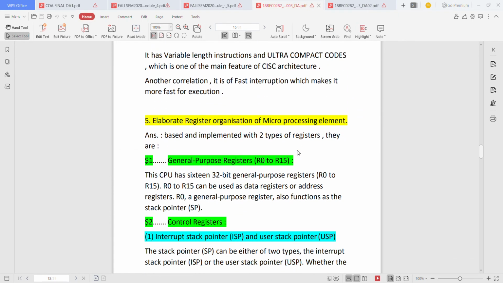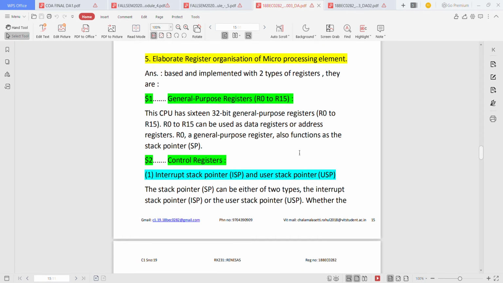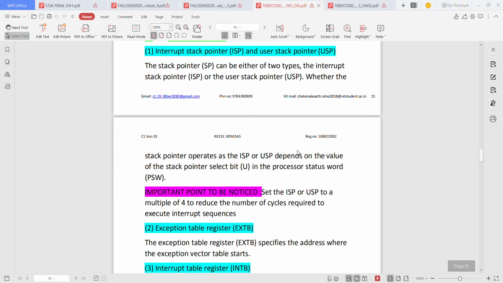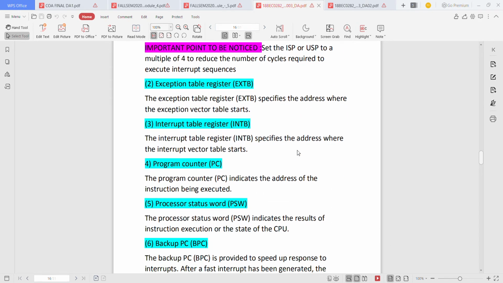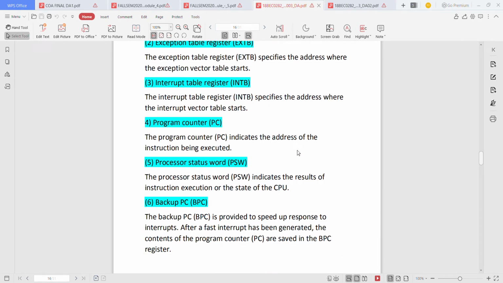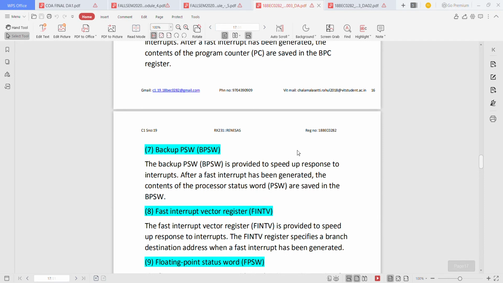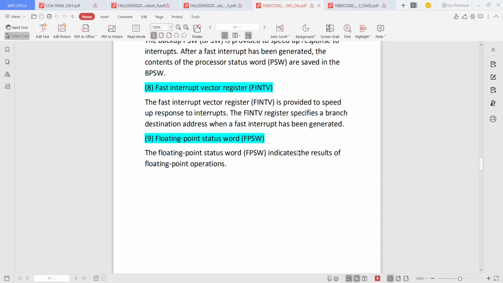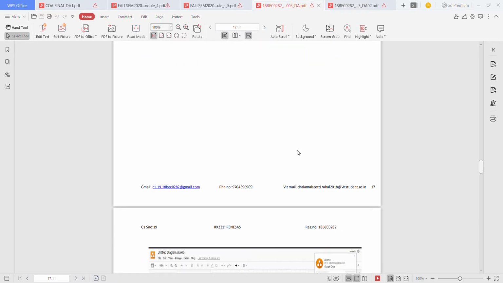Next we are going to discuss the elaborate register organization of the microprocessing element. There are 2 types: general purpose registers and control registers. Important ones to note are the exception table register, interrupt table register, program counter, processor status word, backup PC, backup PSW register, and fast interrupt vector register, and the floating point status word.